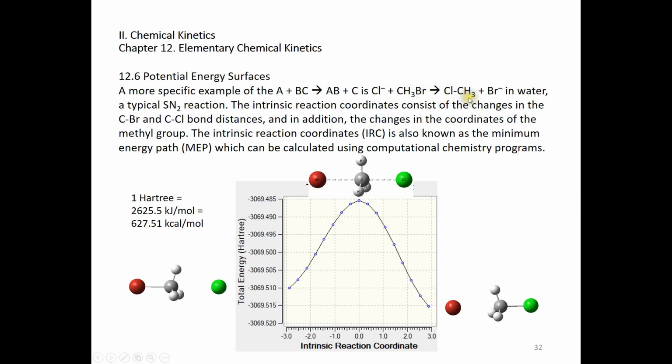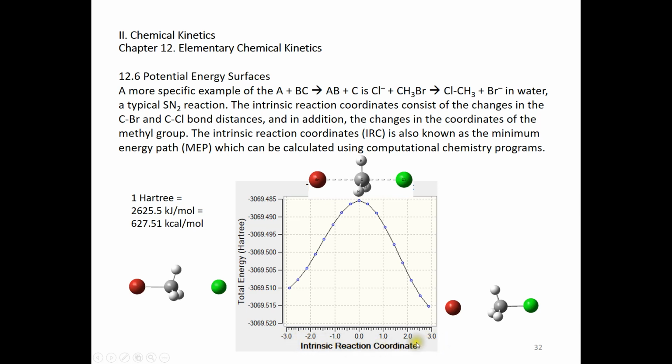On the product side we have a carbon-chlorine bond, and we have a separate bromide in water. It's a typical SN2 reaction. We can also create the potential energy surface this way with the potential energy versus the so-called intrinsic reaction coordinate.